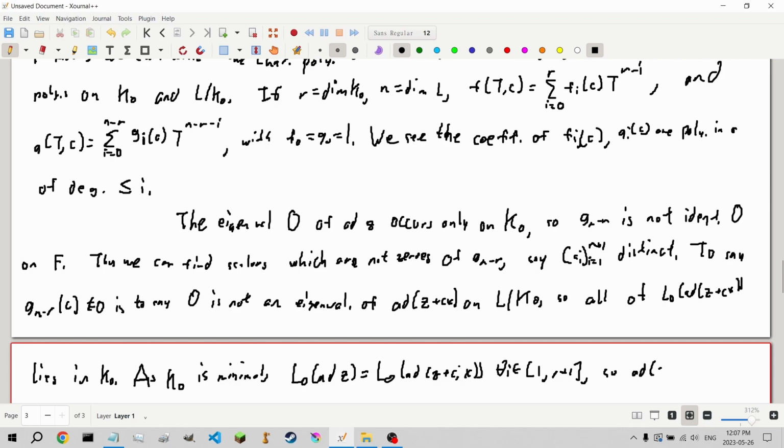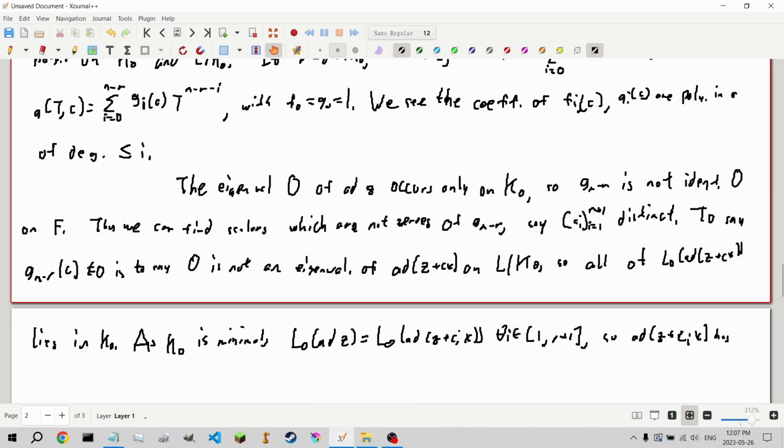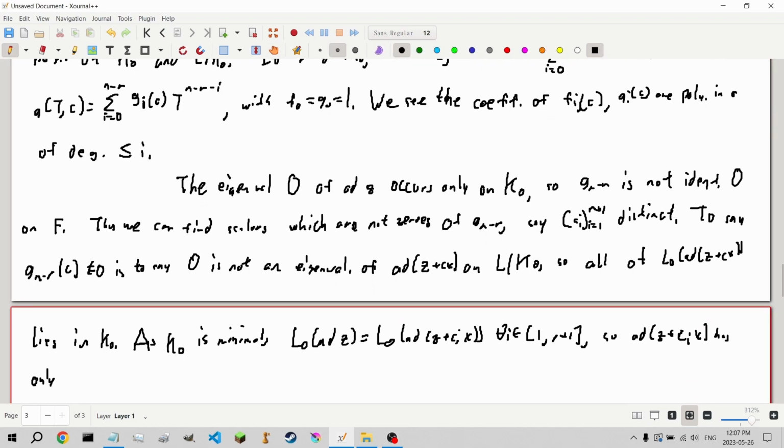So the adjoint of Z plus c_i x has only the eigenvalue 0 on our L0 of the adjoint of Z.